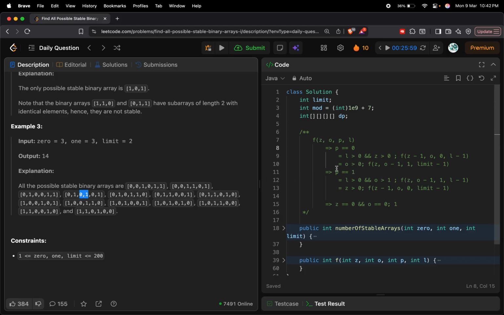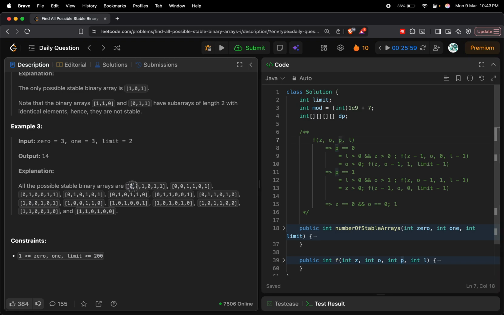As I mentioned, let's say p is a variable which will tell me what the value was in the previous position, whether it is 0 or 1. If I choose to start with 0, then my previous is 0, so what can I keep in my current position?